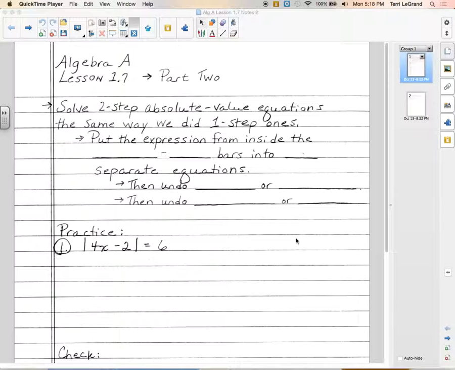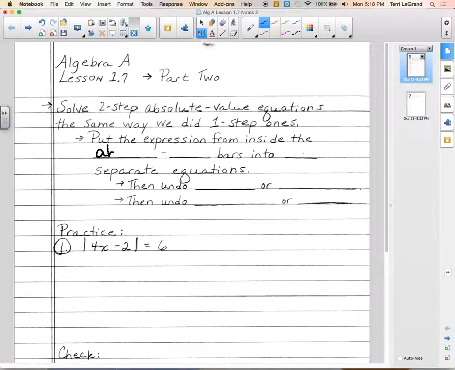You're going to put the expression from inside the absolute value bars into two separate equations.